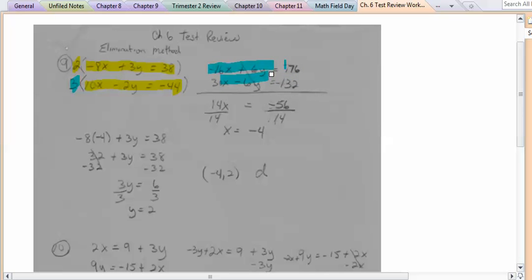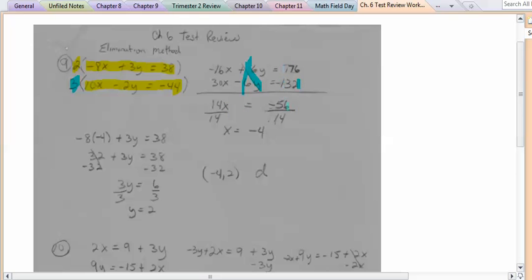Okay, so I got that. I'm going to erase my highlighting on it. And then when I multiplied the 3, I got this equation down here. Okay, so now I eliminated the y's, so those are gone. I added these down, which I subtracted first, kept the sign, so I got 14x.